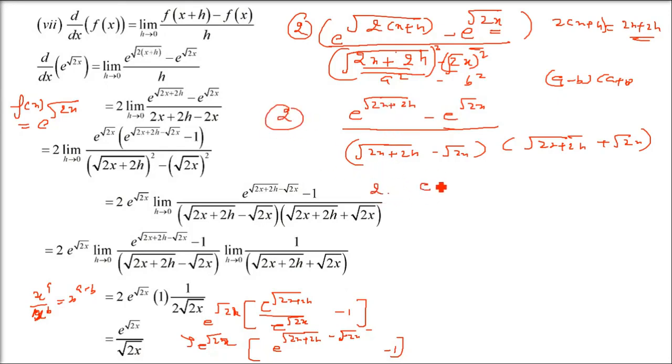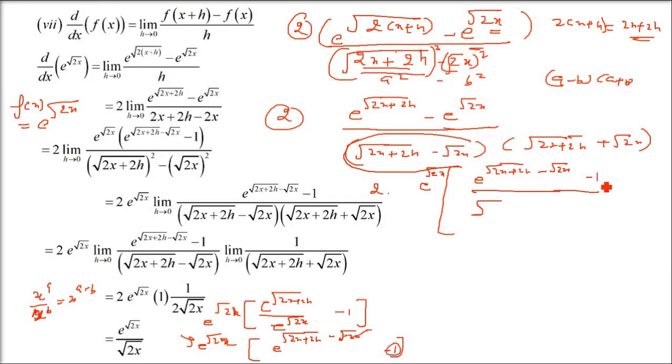Now let us write this as e raised to under root 2x, and then e raised to under root 2x plus 2h minus under root 2x, and minus 1 is also there.